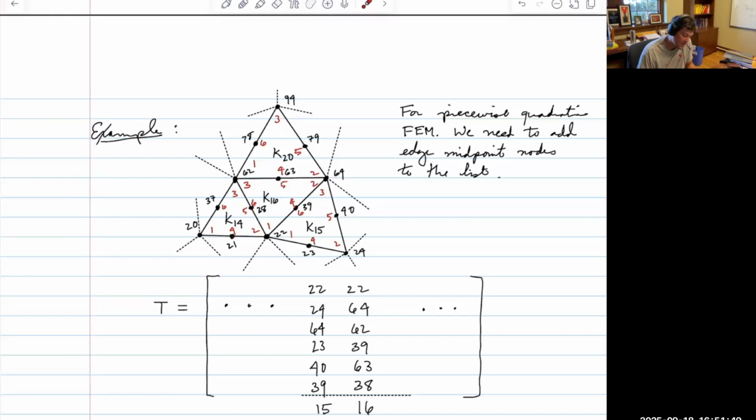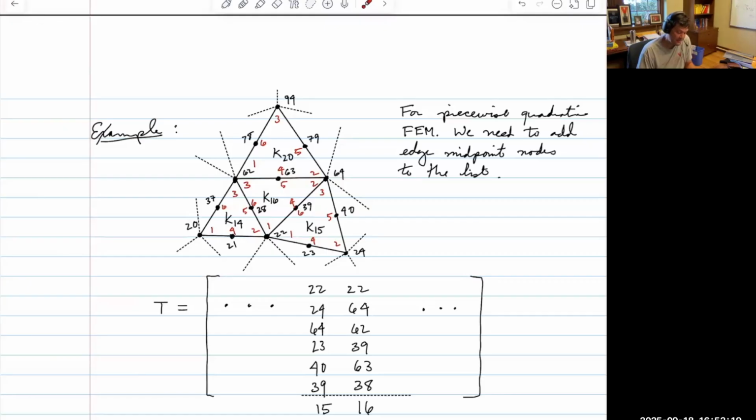Now notice in triangle 14, this edge midpoint node is local degree of freedom 5, and in triangle 16 it is local degree of freedom 6. This is a common feature. These things usually don't line up. They don't align. Now sometimes they could. For example, this could be the 4th degree of freedom in both local ways of numbering.